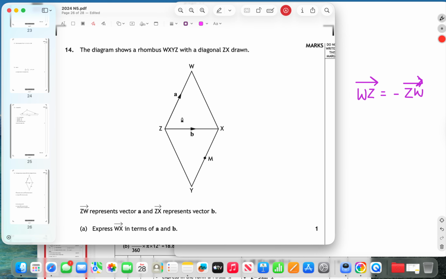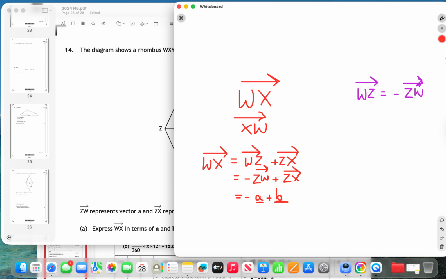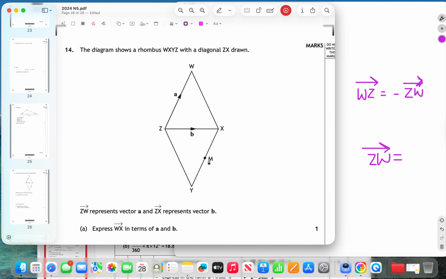If you have a look, because it's a rhombus, ZW and YX are parallel. And if two vectors are parallel and they have the same length, so if the lines are parallel and the lengths are the same, those two vectors must be the same.